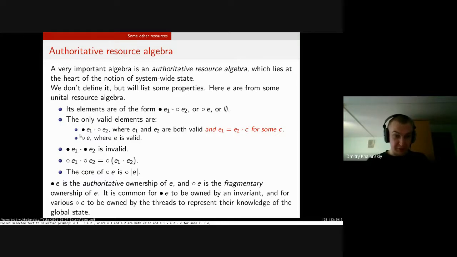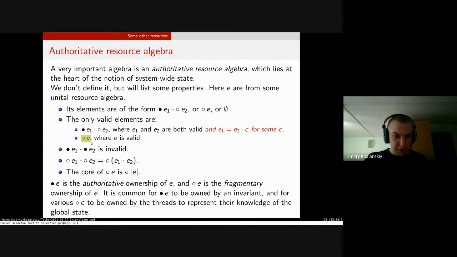This is a key point. In fact, the authoritative piece stores, in some sense, an upper bound on what a resource may be, whereas the fragmentary piece stores some piece of that whole value, and when all the pieces are combined, they should form this complete value.